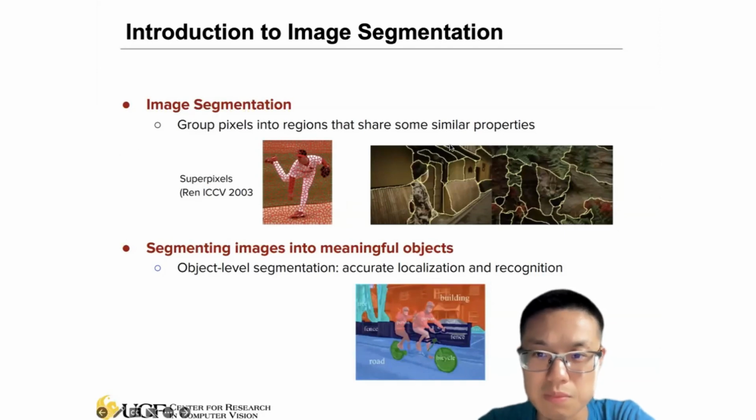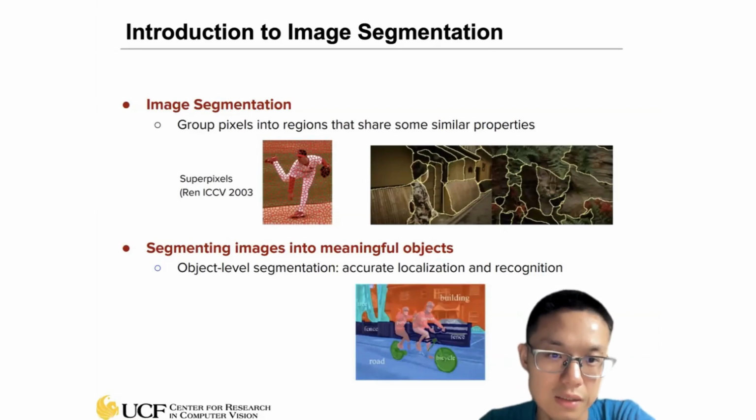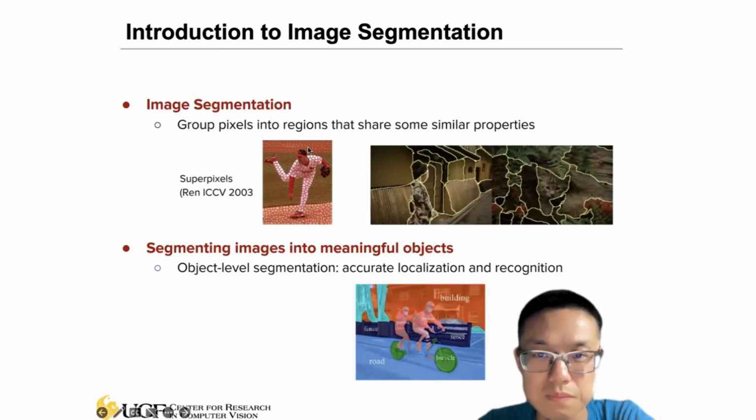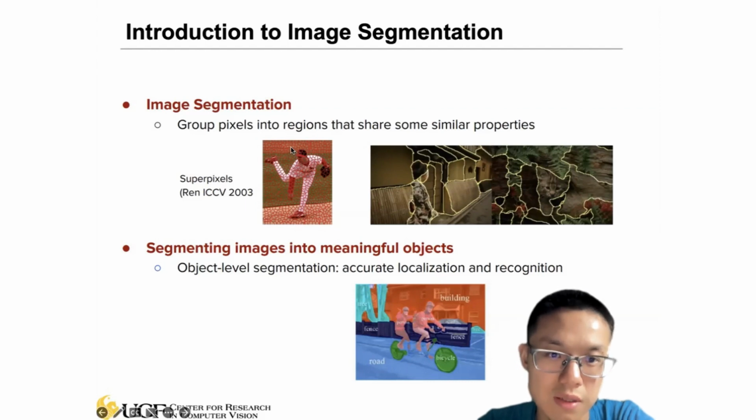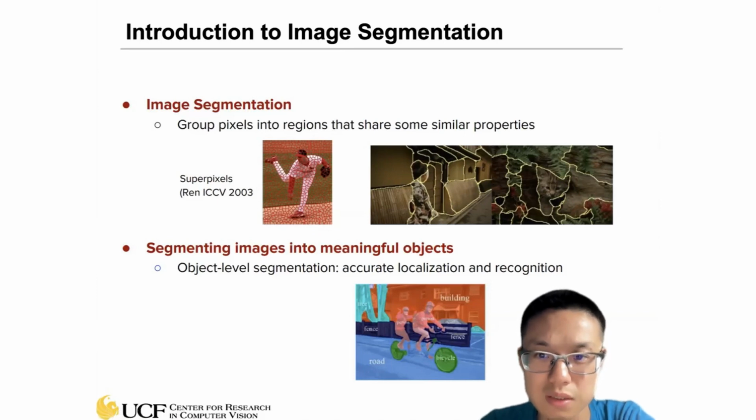Maybe these similar properties can be the same color, same pixel intensity, etc. Here, the superpixel-based approach is basically grouping pixels into a superpixel, which is a region or combination of multiple pixels. Within each superpixel, they all share similar properties. They may correspond to the same object or to the same background scene, right?